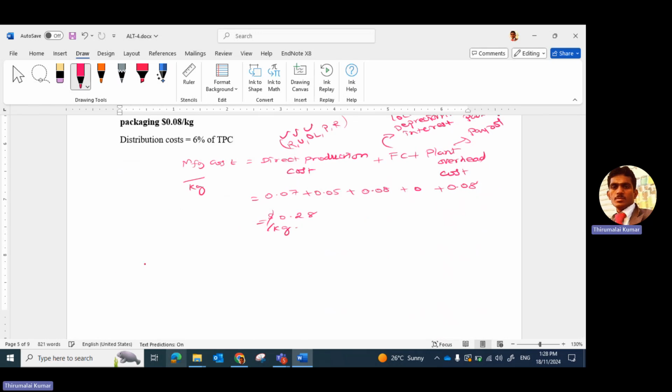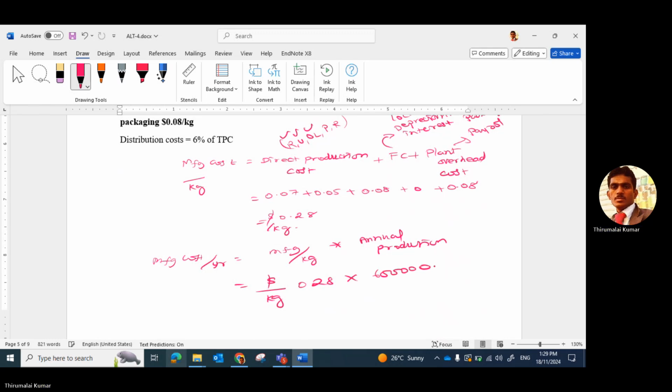If you want to know the manufacturing cost per year, we take the manufacturing cost per kg multiplied by annual production. So here, $0.28 per kg multiplied by 6 million kilograms.